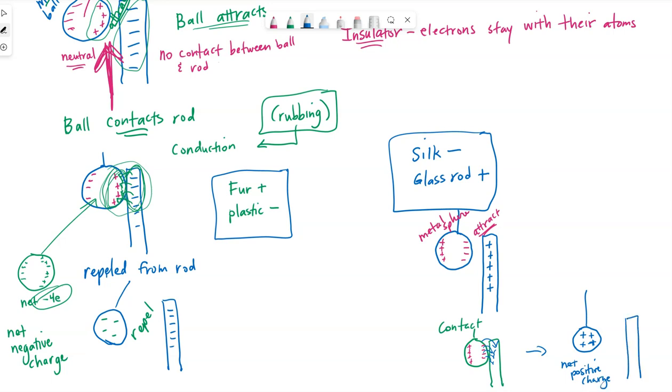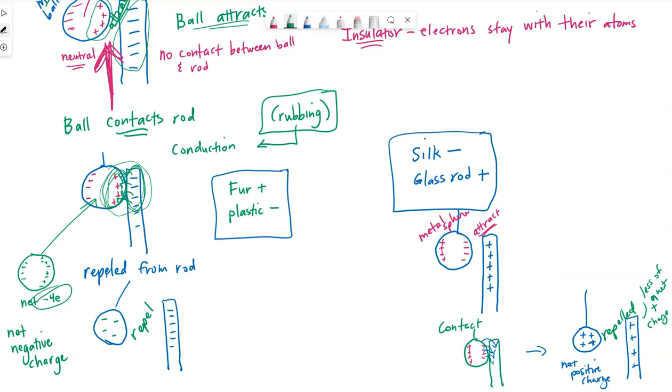And it will be repelled by this rod. Okay, the rod will have fewer protons. Now, let me rephrase that. It has the same number of protons it started with, but it has less of a net positive charge, because some of the electrons transferred from this metal sphere or ball to that rod.